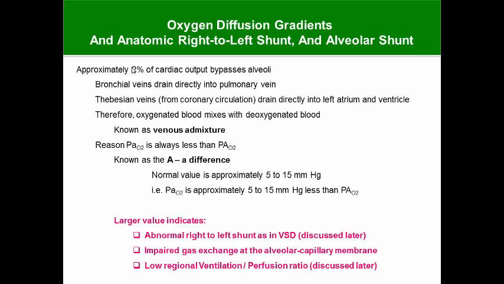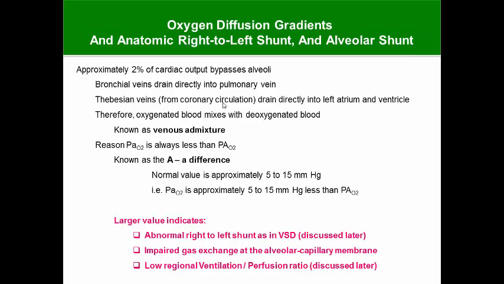How do they bypass the alveoli? Either by the right to left anatomic shunt, because the bronchial veins drain directly into the pulmonary veins, and the Thebesian veins from the coronary circulation drain directly into the left atrium and left ventricle, or because of the very small amount of the alveolar shunt.